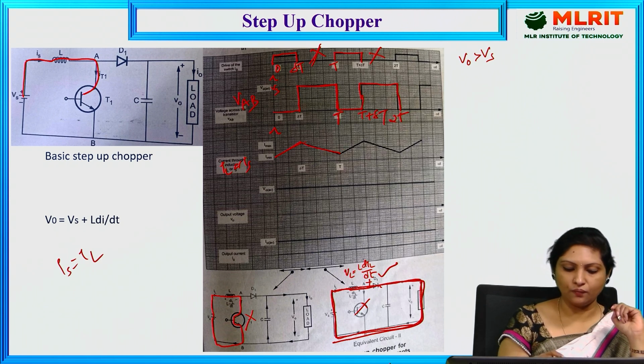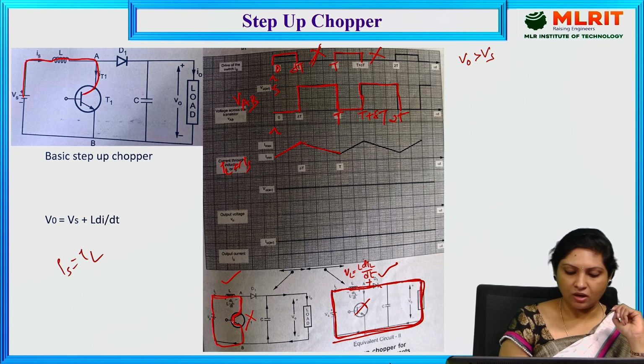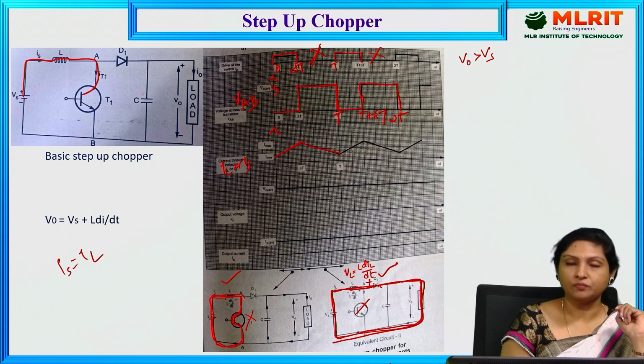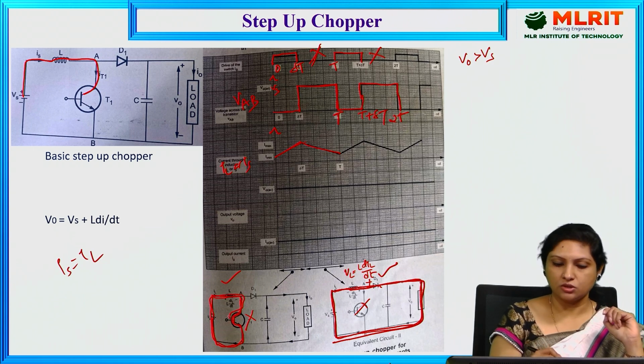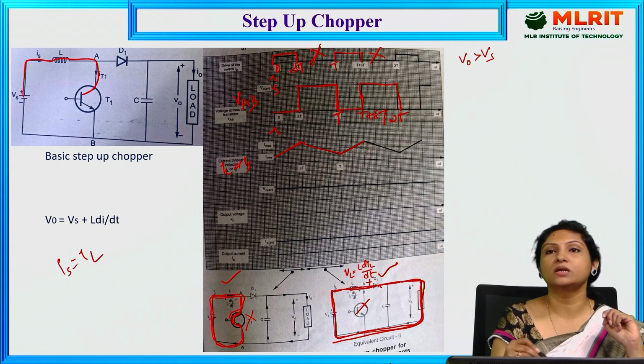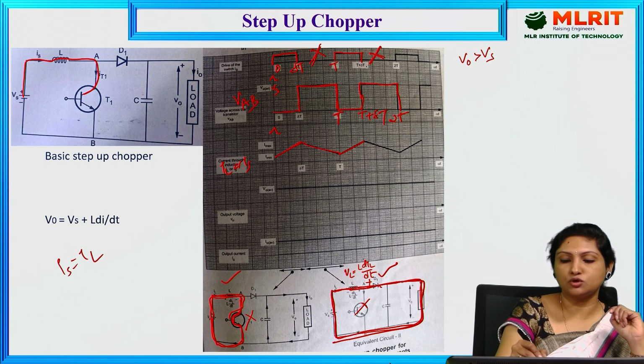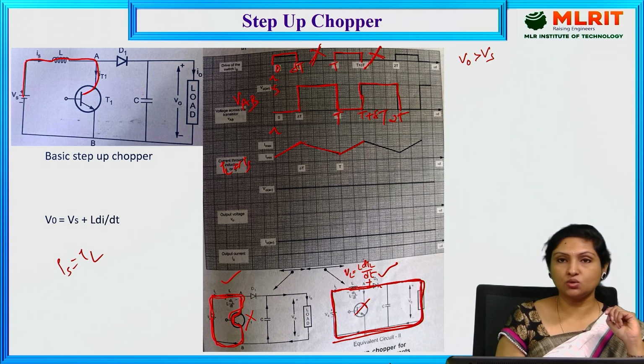So that is how the transistor came into the picture, and it is conducting, and when the transistor is conducting, energy is being stored in the inductor. And if you see, this is the current flow through the inductor right from t to t plus delta t, it is rising, and the moment it reaches t plus delta t, since we have withdrawn the base drive, whatever energy is stored in the inductor is what is driving the current through the load.